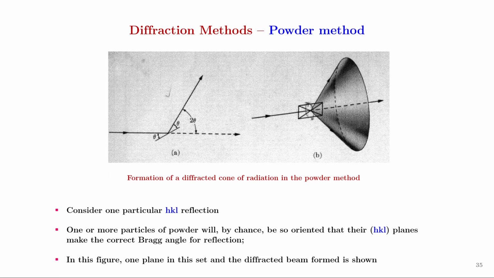This figure shows the formation of a diffracted cone of radiation in the powder method. Let us consider one particular HKL reflection. One or more particles of powder will, by chance, be so oriented that the HKL planes make the correct Bragg angle for reflection, and in this figure, one plane in this set and the diffracted beam formed is shown.